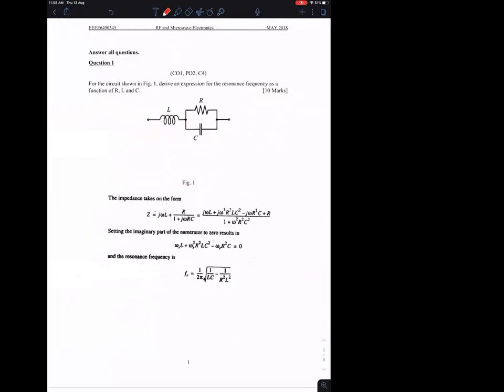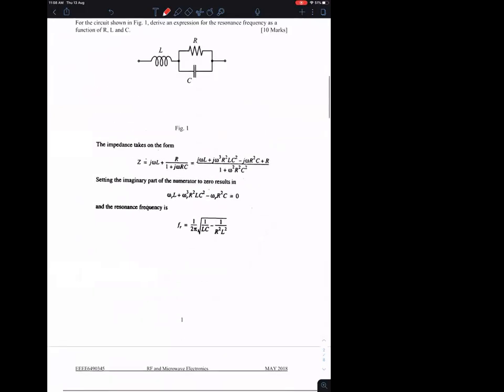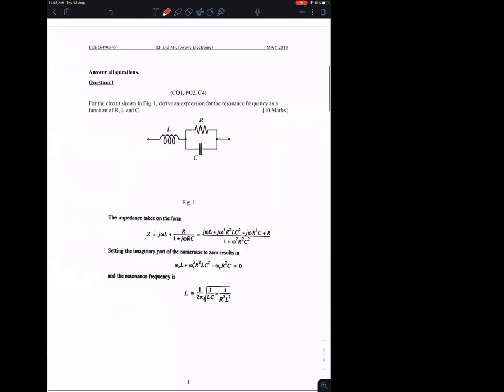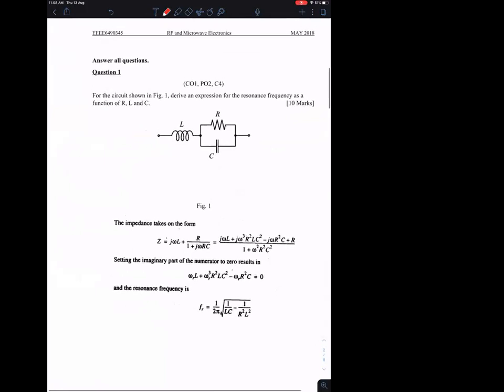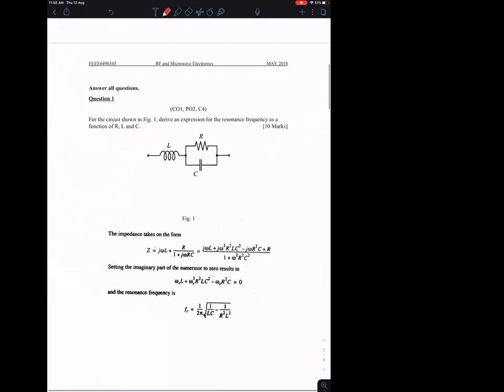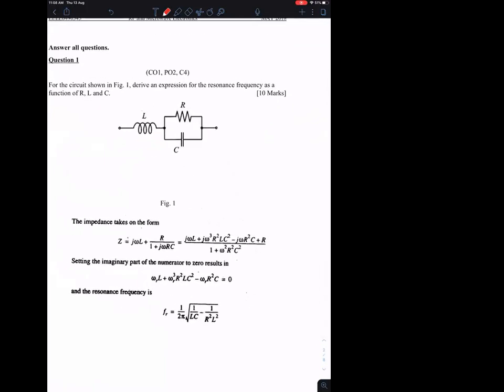Okay, here is another example. Maybe you can try to go through this by yourself. It's purely mathematical. Impedance looking inside here. At what frequency, derive the resonant frequency.